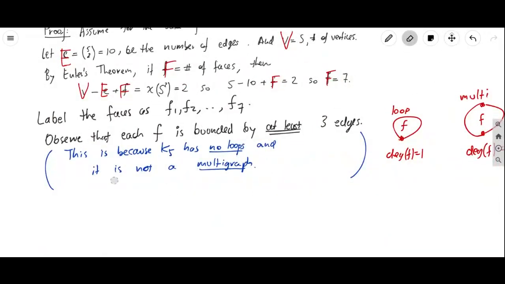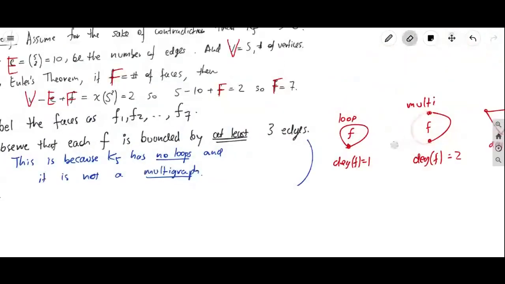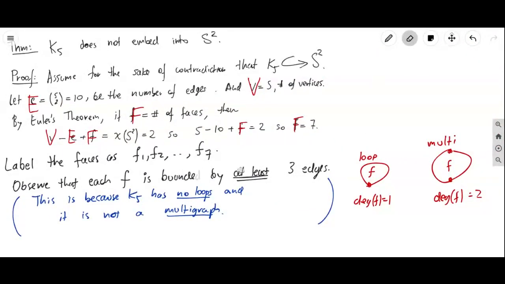So as a result, it means that every face is bounded by at least 3 edges. Okay, so as I said, this is a somewhat pictorial proof, but it's pretty convincing. There's probably a way to make this more rigorous, but then you have to define what it means to be a face, then you have to define what it means to be bounded by a face.